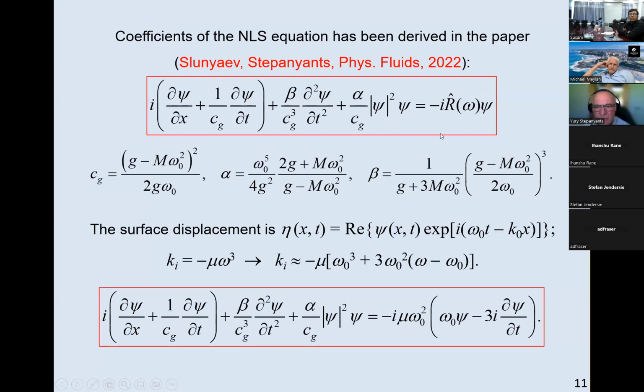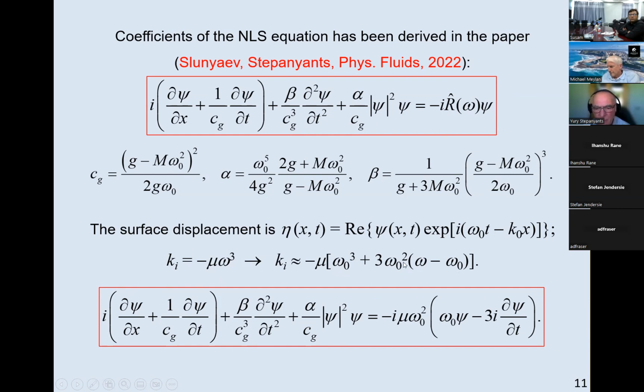Then, as I mentioned, the right-hand side should be presented only in the vicinity of omega naught. This means that the decay rate, which is proportional in general to omega cubed, can be considered only around this frequency omega naught, some given frequency, and with small correction.